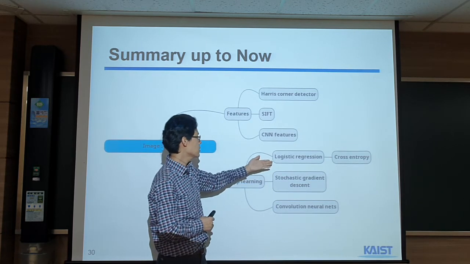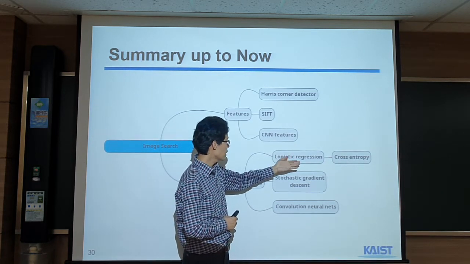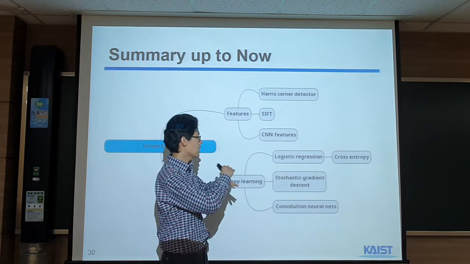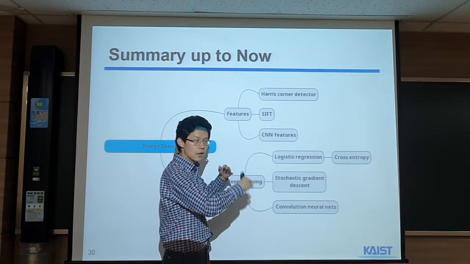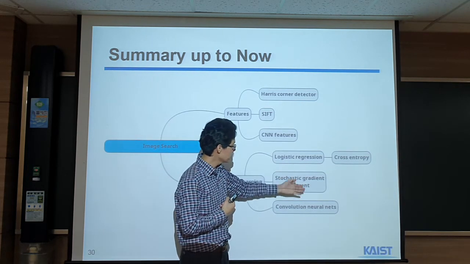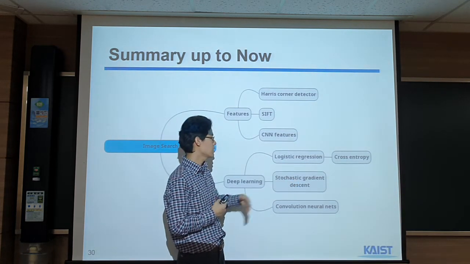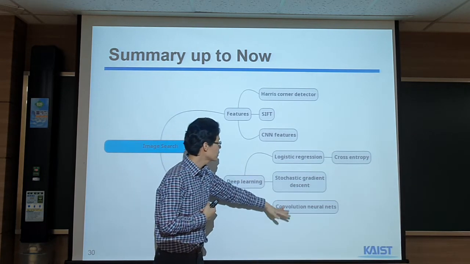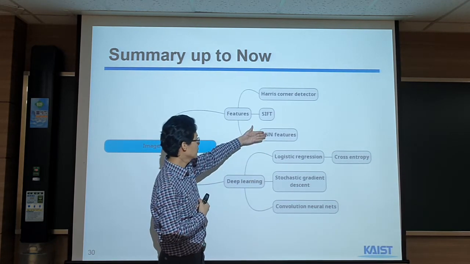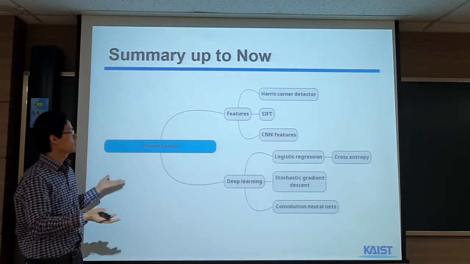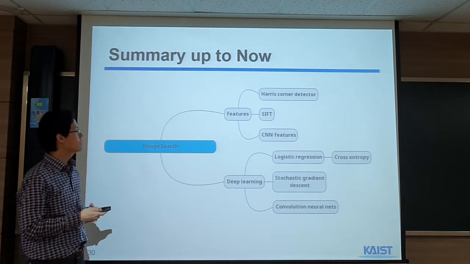Initially, I started with logistic regression with the cross-entropy loss function. We can stack this logistic regression layer by layer, and then optimize with stochastic gradient descent, which is a very common optimization method. Then I moved to the convolutional neural net, with which we can extract the CNN features. That's the summary of what we have talked about so far.